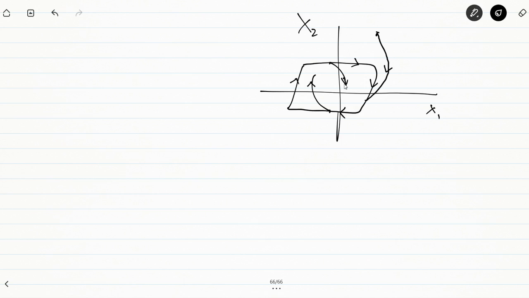Now we have to decide whether this system will be stable or not by taking different initial conditions, by applying any kind of external force or impulse response. You will decide whether this system will behave in a stable or an unstable manner. For that, you can track the behavior of other trajectories that are converging or diverging from this loop.